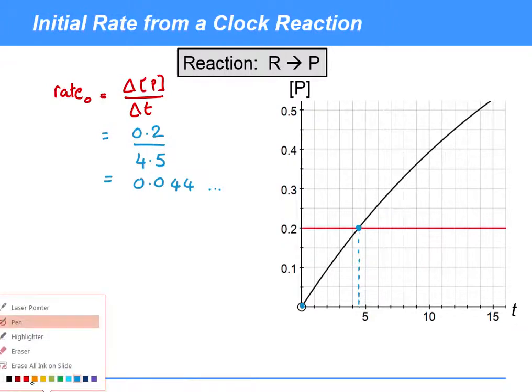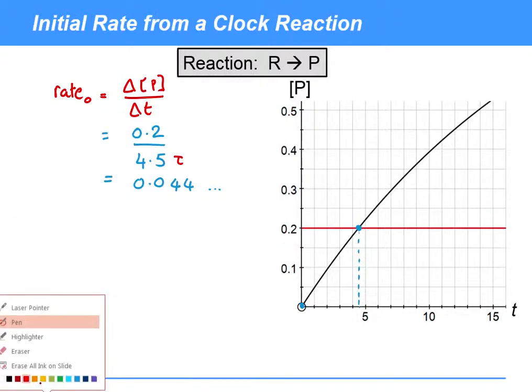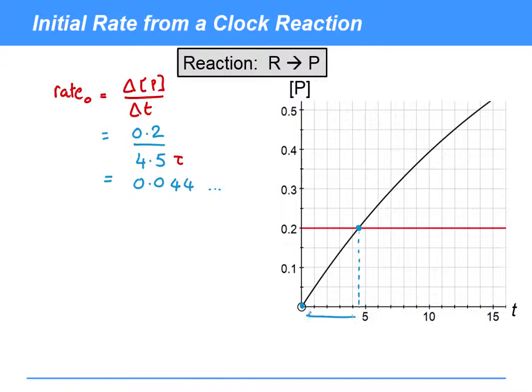Well, what we've done here is we've done the change in concentration divided by our value of tau, so this time here is our time tau. So what we've done is critical concentration divided by tau. Now, in a typical clock reaction, we don't know what this critical concentration actually is.